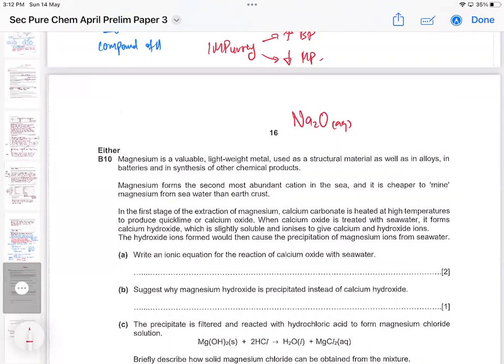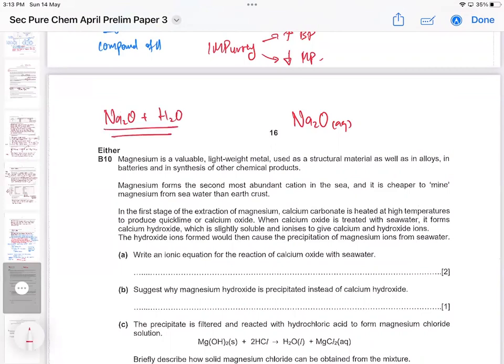Feels weird, right? What's the weird part about this? It's not like in a liquid form. Oh, it's aqueous. Sodium oxide aqueous means it's sodium oxide in water, correct? Yeah. What happens when sodium oxide goes into water?